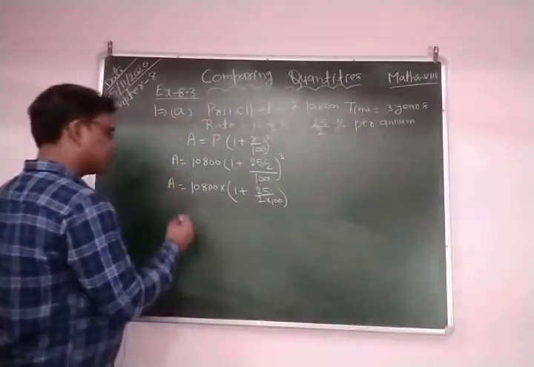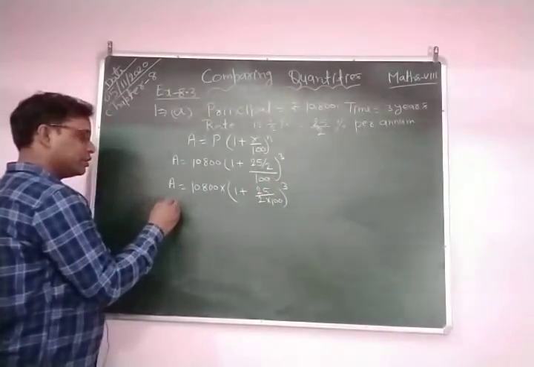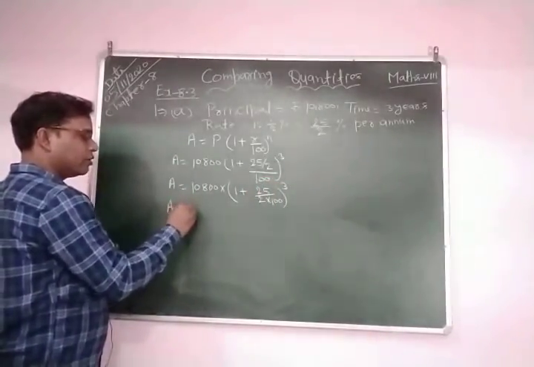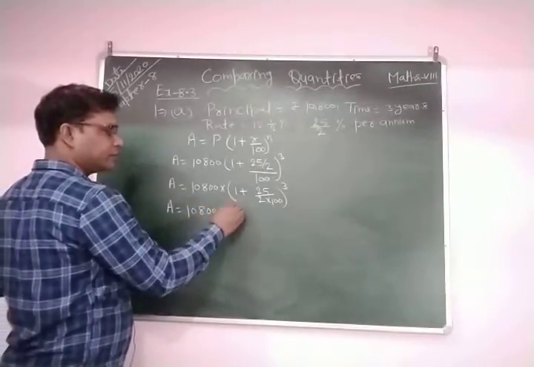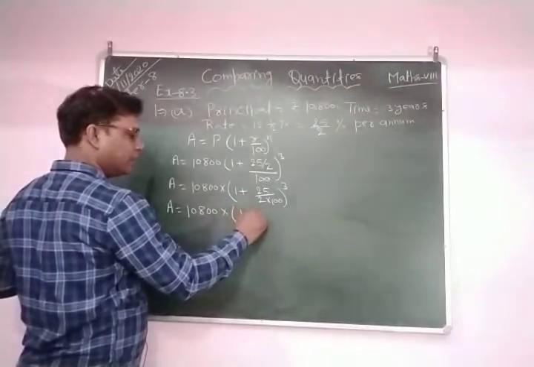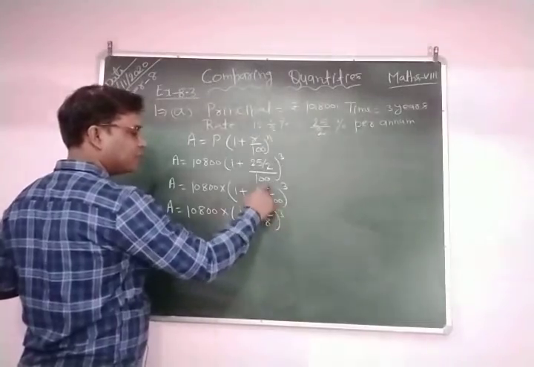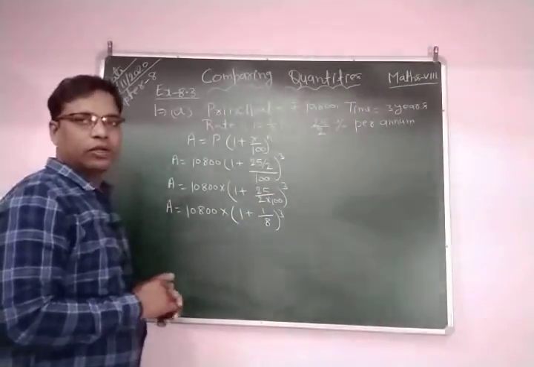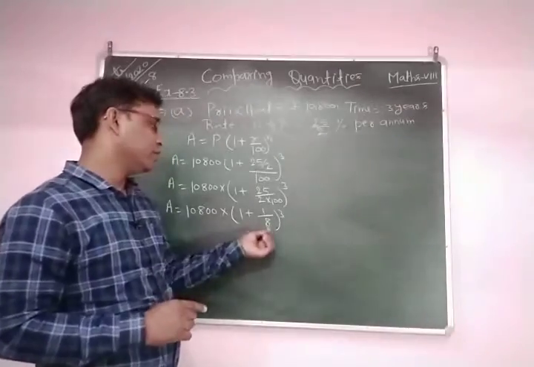Clear? Now we can also write it to the power 3. So A is equal to 10,800 into 1 plus 1 by 8, to the power 3, because 25 cancels with 100, and 2 into 4 is equal to 8.